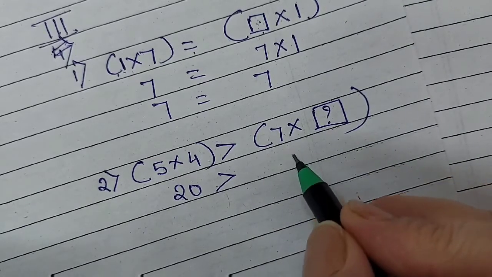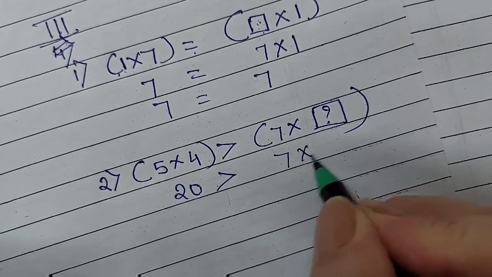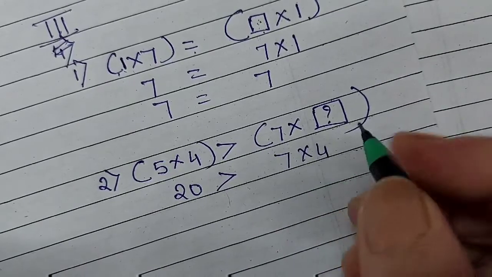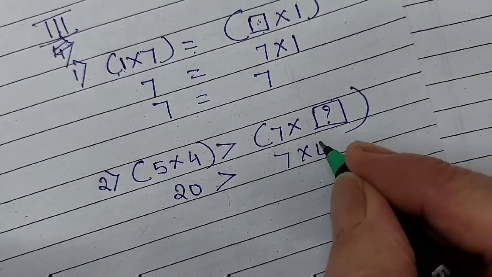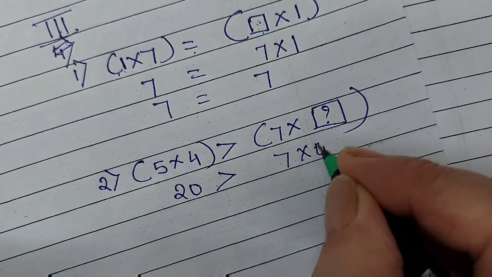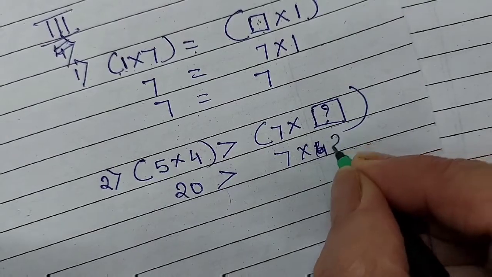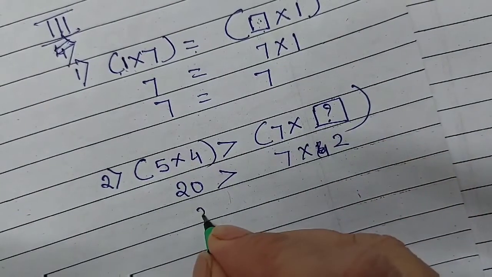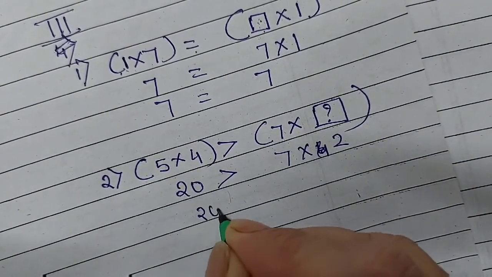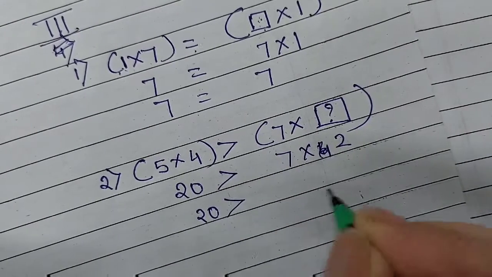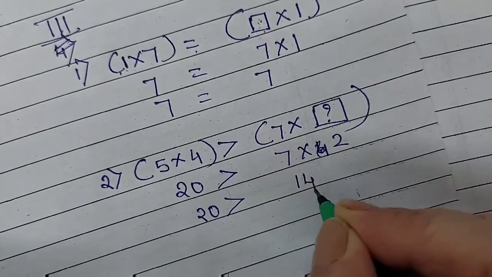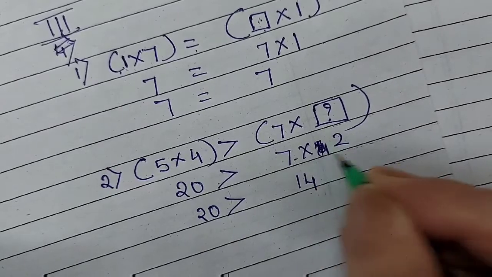So what can we write here? 7 into... 7 3s are 21, no? So it will be 7 2s are 14. 2 will come in this box. So it is 20 greater than 14. 7 2s are 14. Understood?